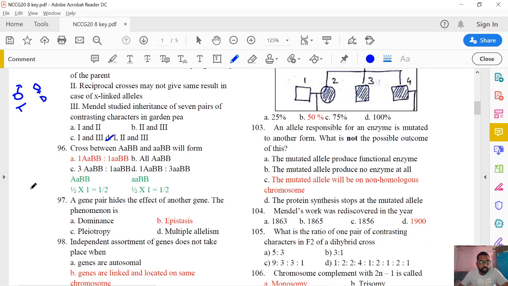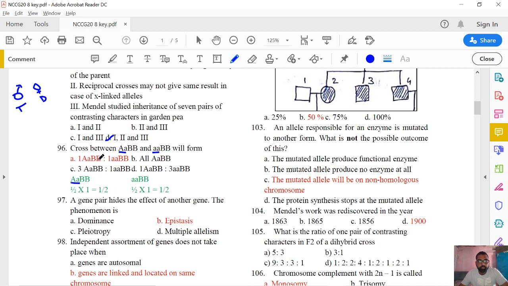Cross between Aa Bb and aa BB will form... Here you can apply the law of multiplication. First, capital A, small a. Looking at only this particular gene, the probability of Aa from the cross between Aa and aa will be half.